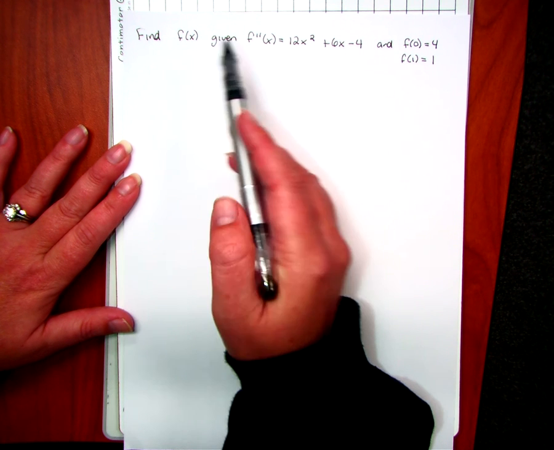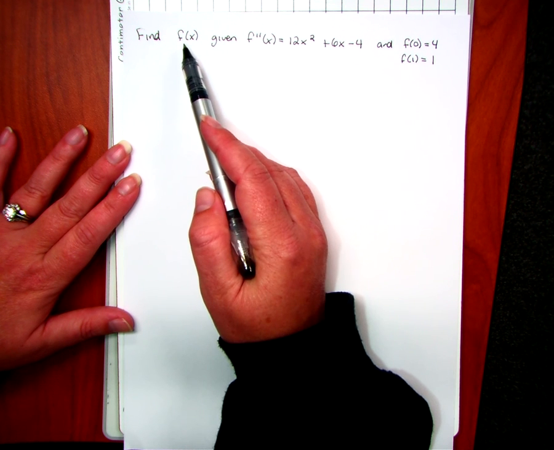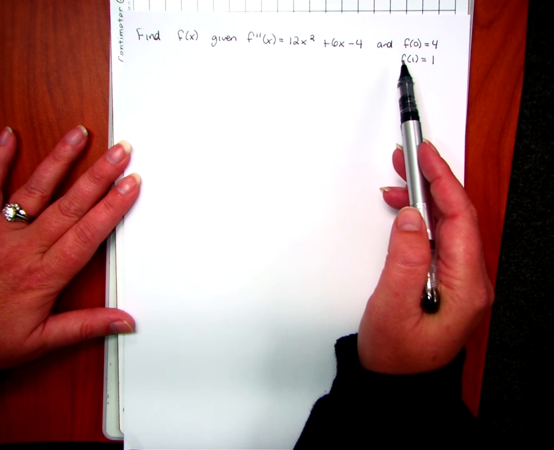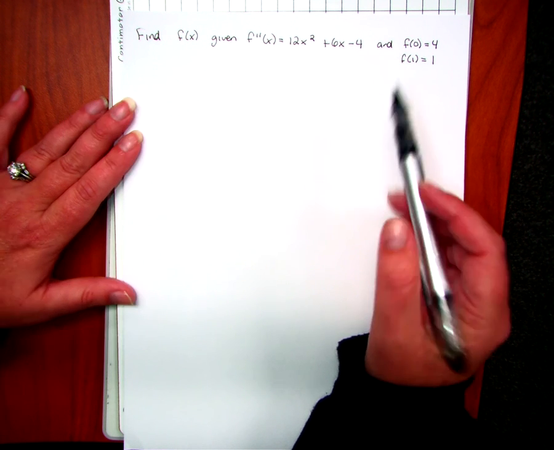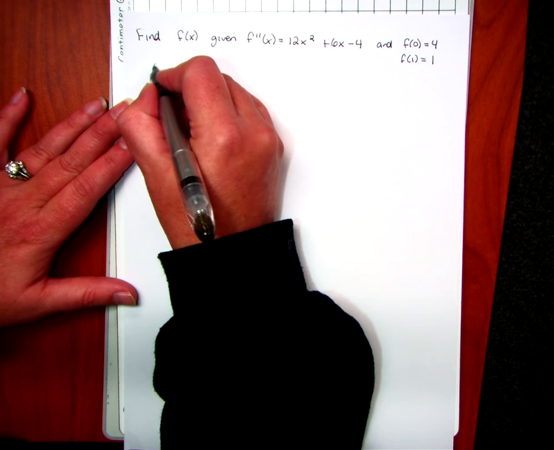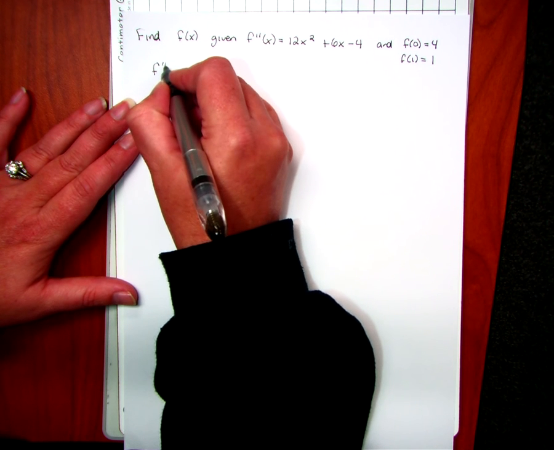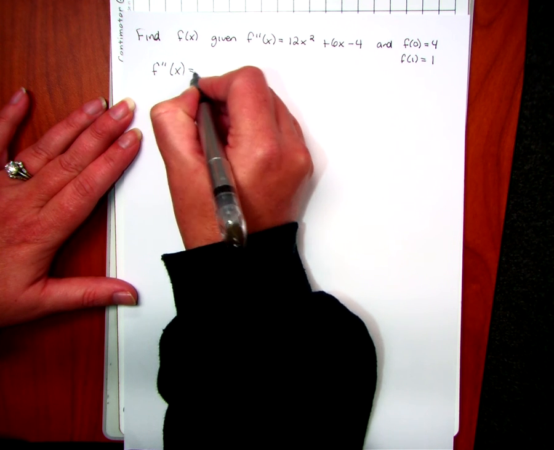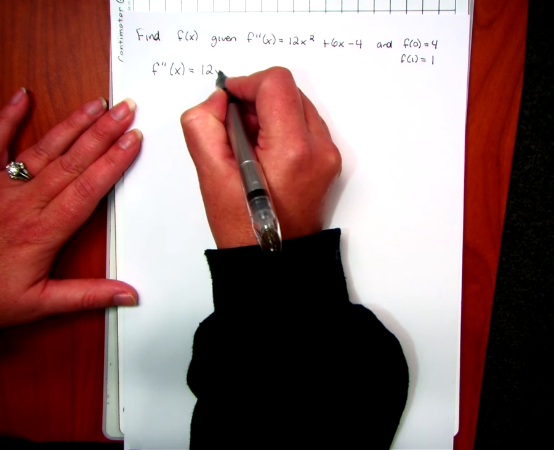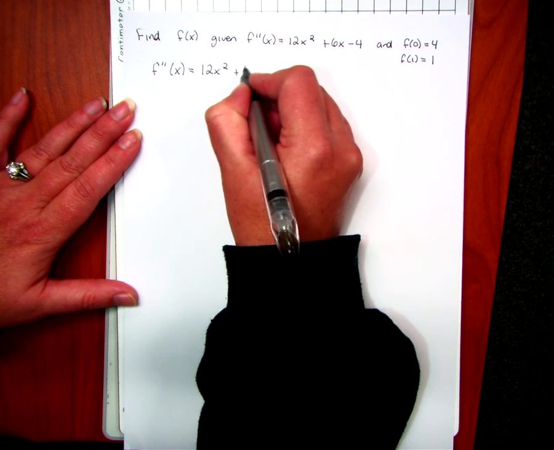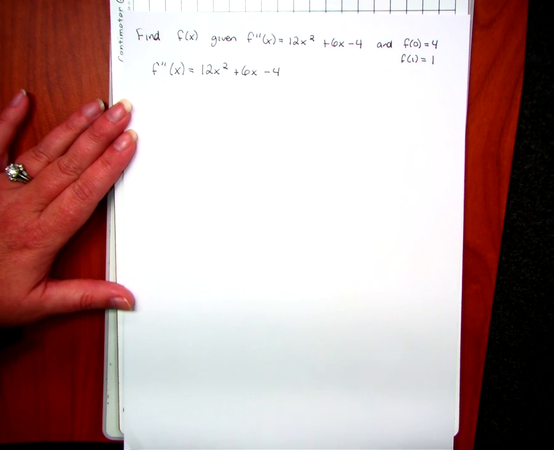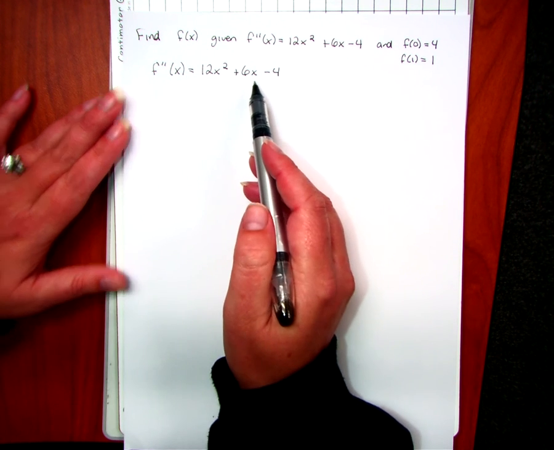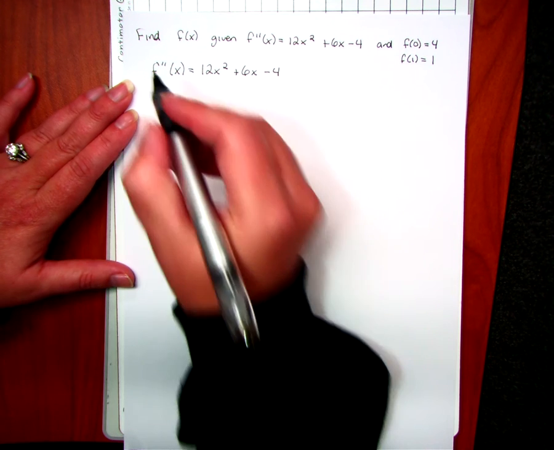So if we want to find f of x without those generic constants, that's where these points come in handy, and we're going to plug those points in to solve for those constants. So I'm going to rewrite f double prime here. So if I find the antiderivative of f double prime, that's going to be f prime.